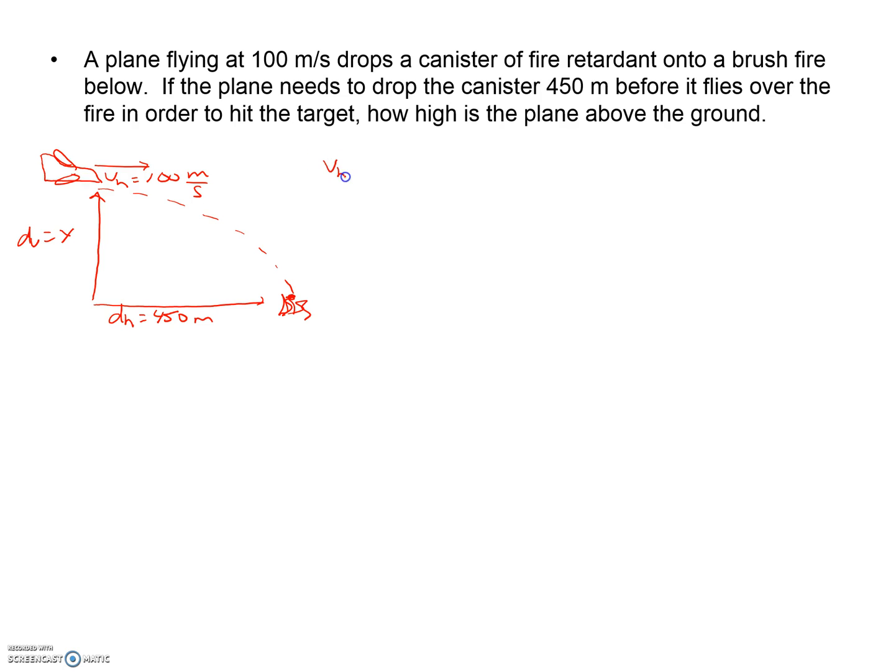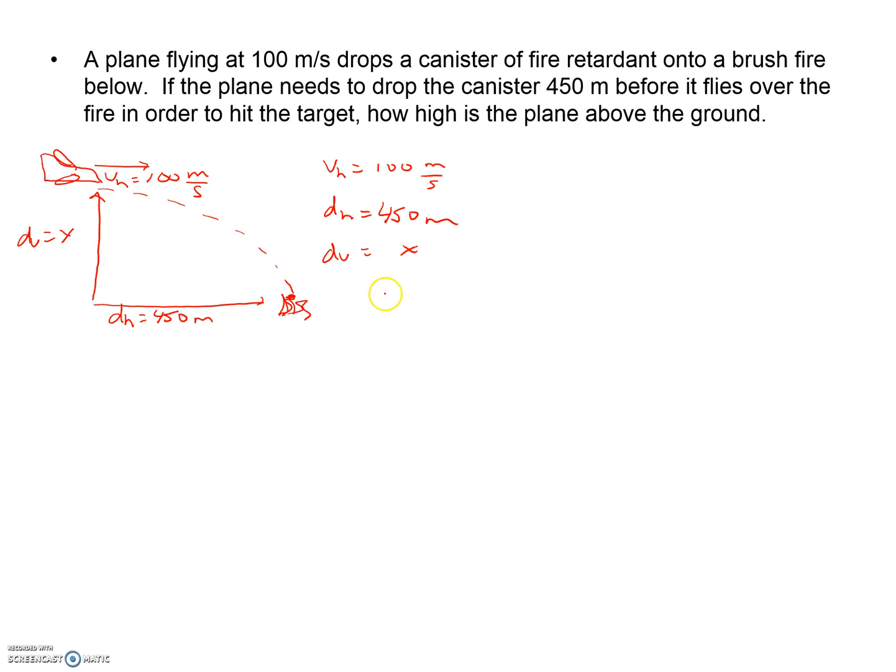The horizontal velocity is 100 meters per second. The horizontal distance is 450 meters, and we're trying to calculate the vertical distance.